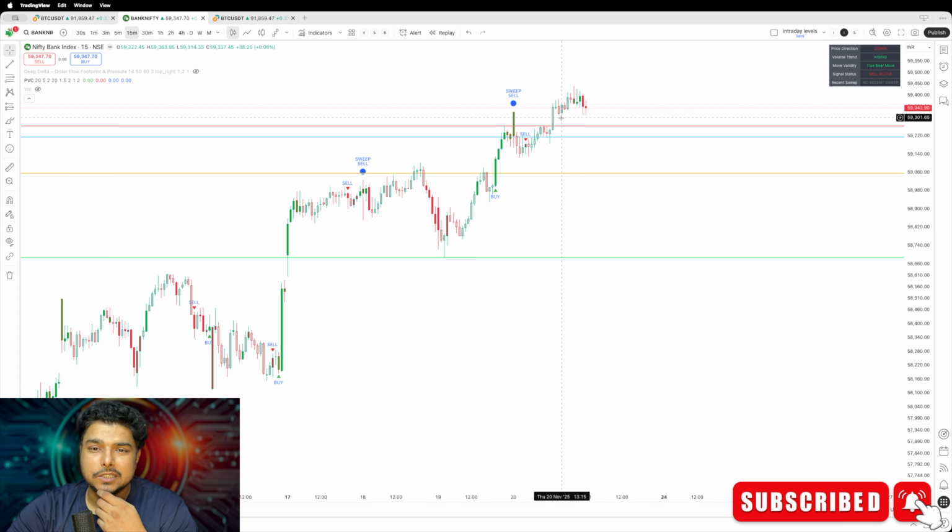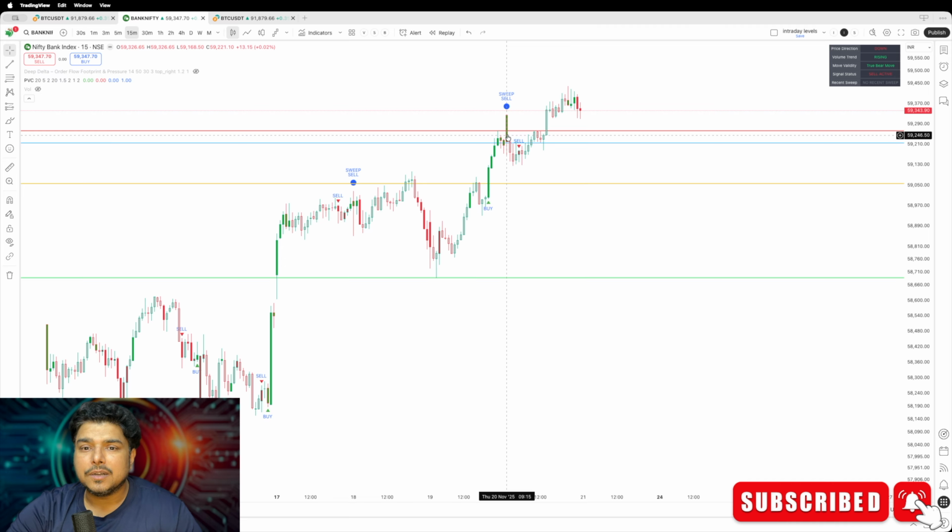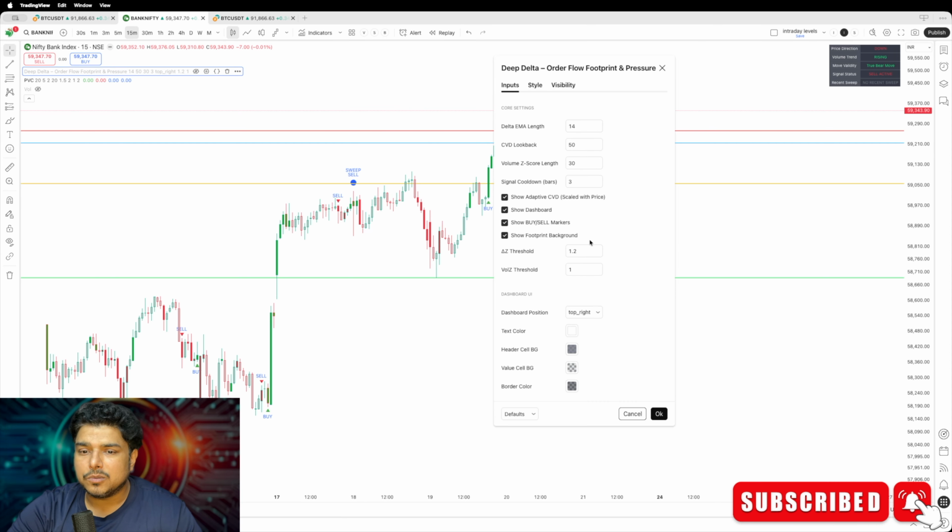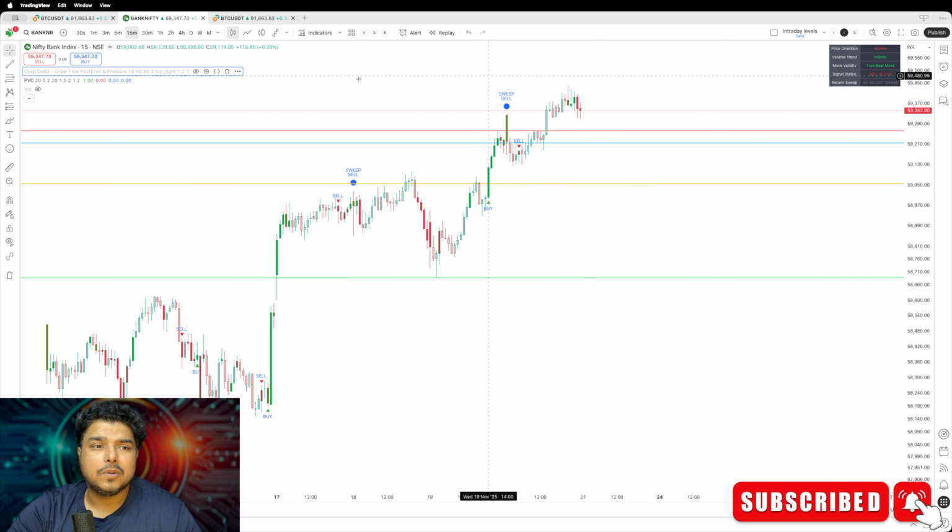This is today's session, and you can see these are the available support and resistance areas, so you don't need to draw them, and you can change the settings as well. I'm on the different settings now. This is the one.